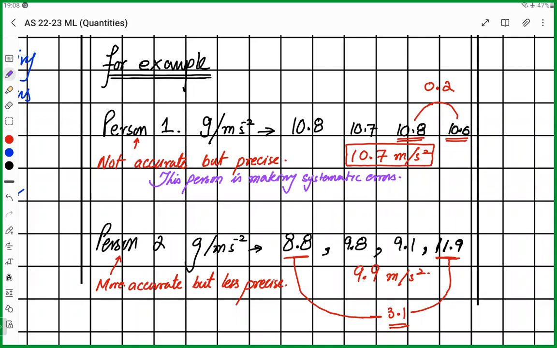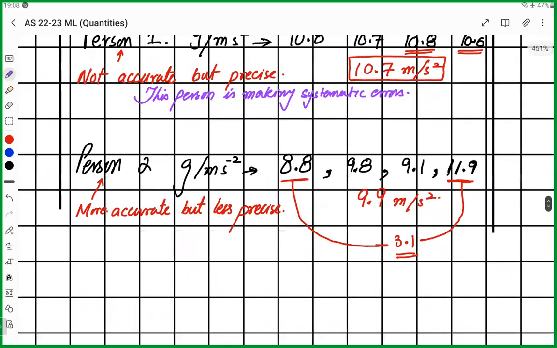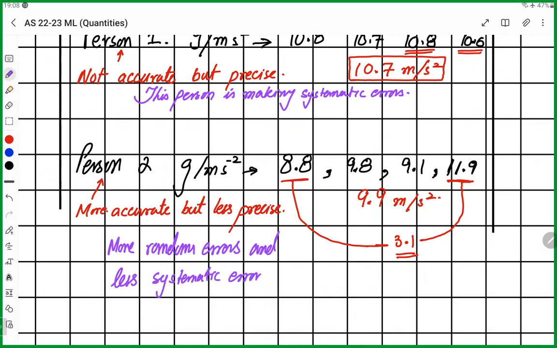So this person is making systematic errors, and the second person is making more random errors and less systematic errors. Because if there would be systematic errors, all of this person's answers would be in the same way, like they all should be positive or they all should be negative.